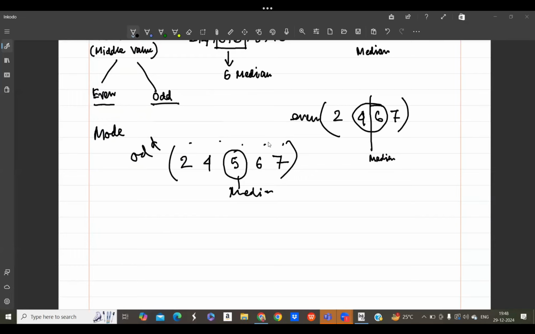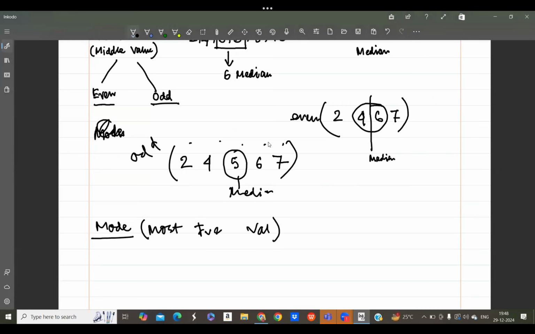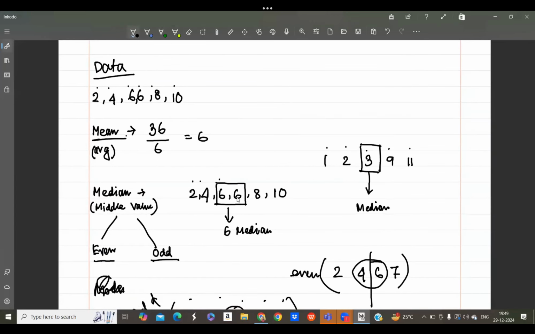Coming to mode. What does mode mean? Mode means the most frequent value. Meaning, among the data points you have, if you find a few data points which are appearing multiple times, like if I go back to this, in this data we have 6 two times.